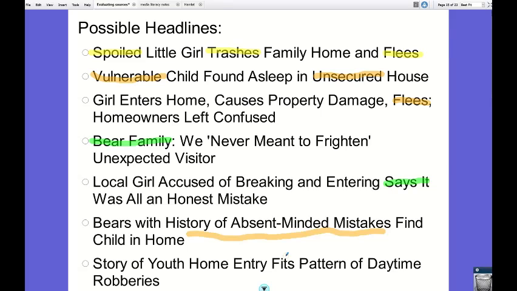So, could there be a connection? Sure. Is it fair to say that it's a pattern that this one person has been engaged in? Well, not unless there's other evidence to support that.